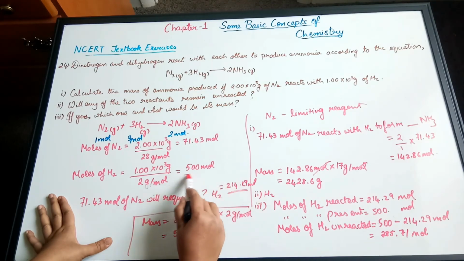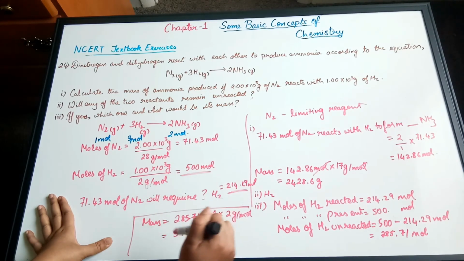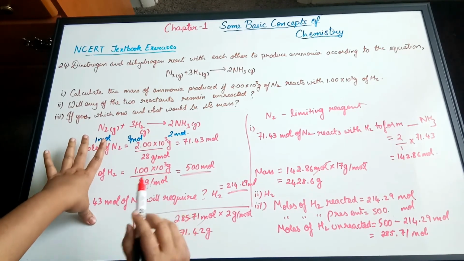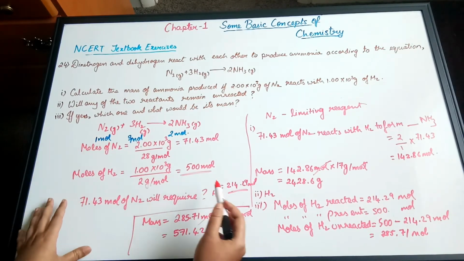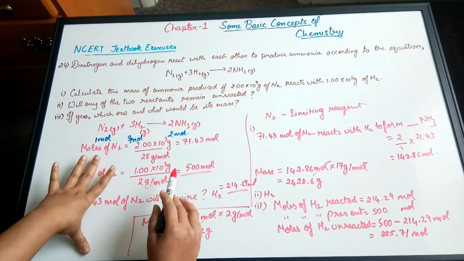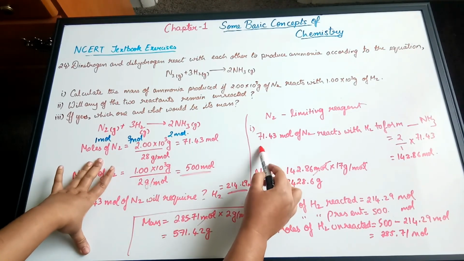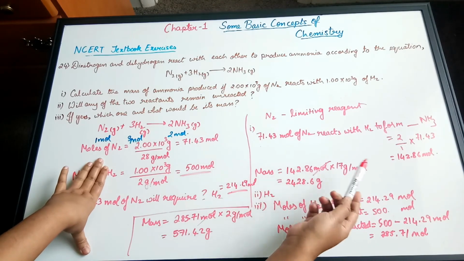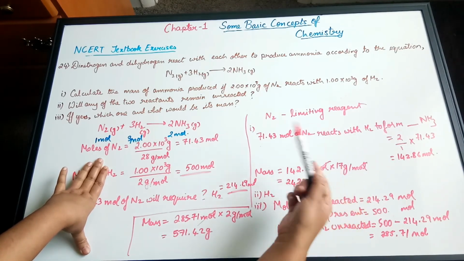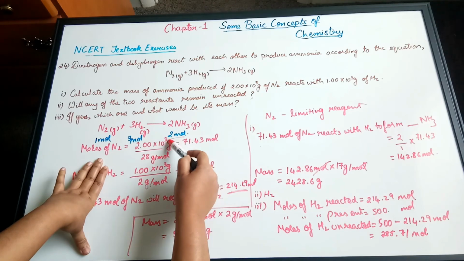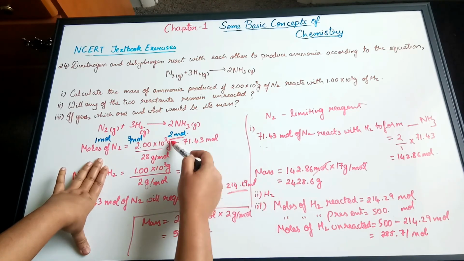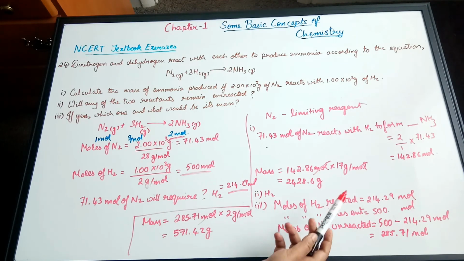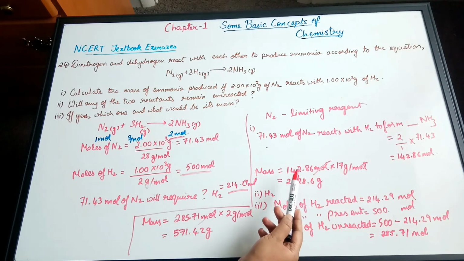However, we have 500 moles of hydrogen present, which makes nitrogen our limiting reagent. So we took 71.43 moles of nitrogen reacting with hydrogen to form ammonia, and this was directly done by multiplying the number of moles of nitrogen by two, because it's twice the number. So that gave us the number of moles of ammonia being formed.